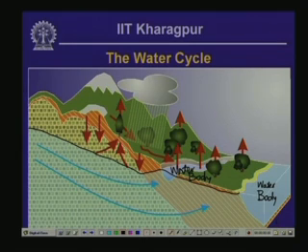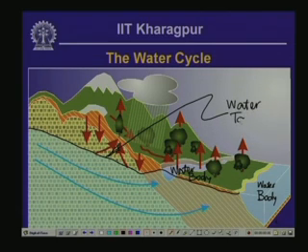So this one here is our water table, below the water table we have got saturated soil.